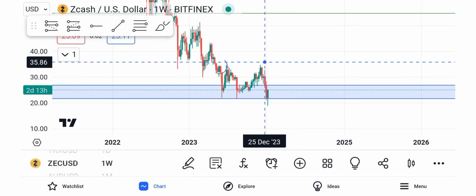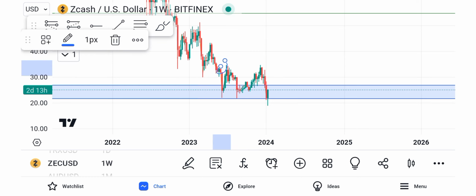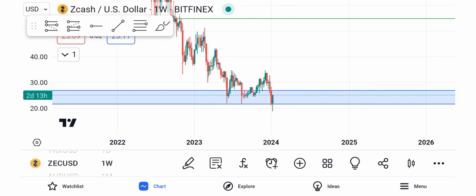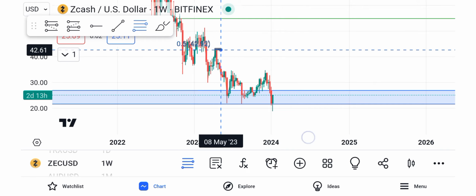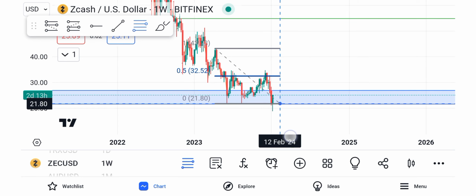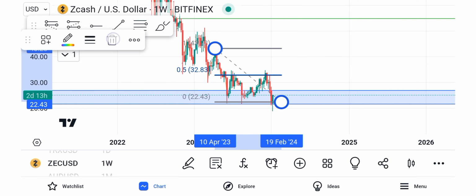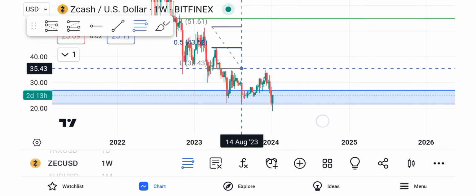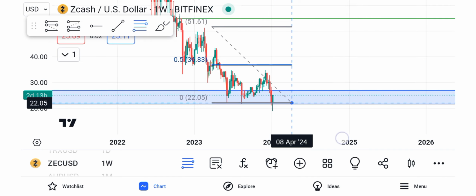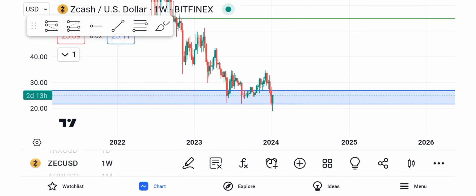Could that be a range? It better be a range. But if it wants to go down, how far can it go? Let's take it from here. Nope. Can we take it from here? That's not the swing. We can't do this. That's cheating, kinda. So let's just watch how this plays out.